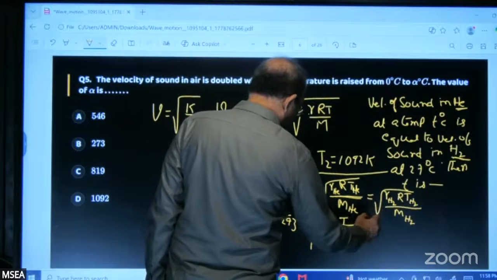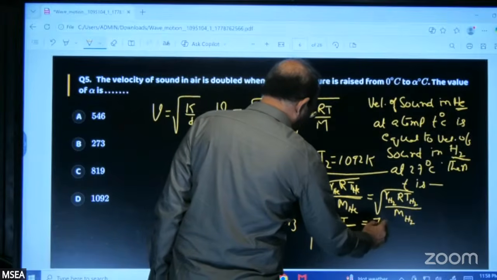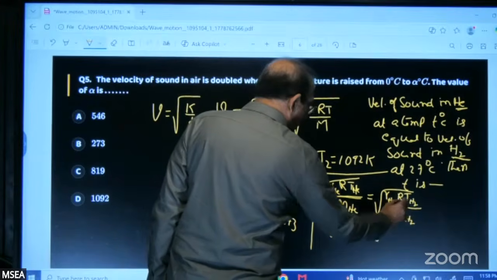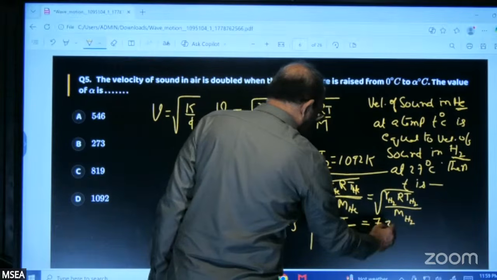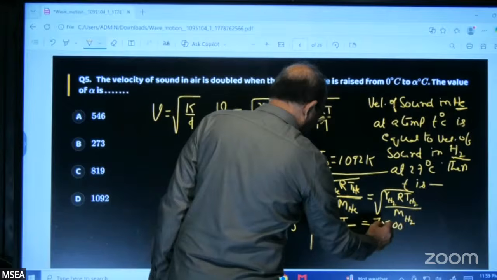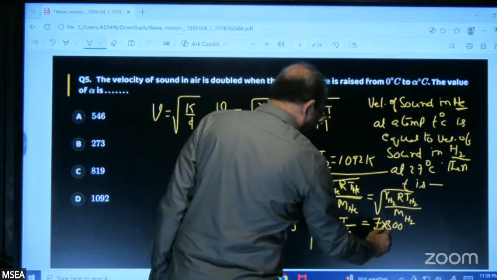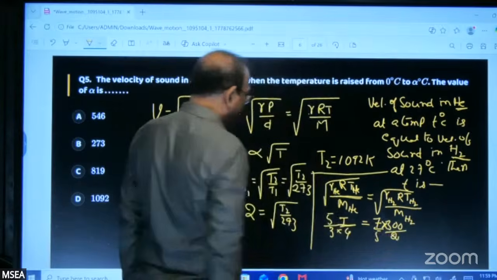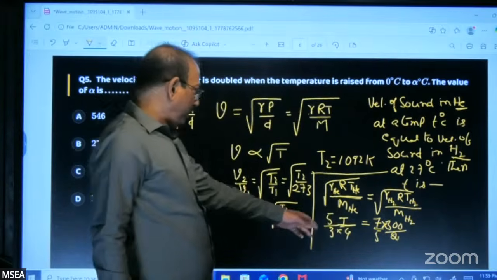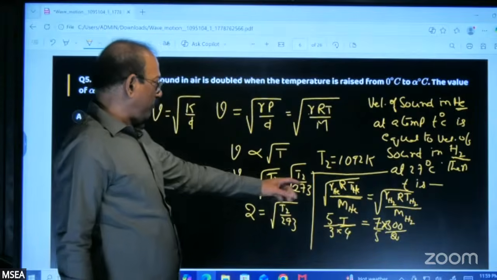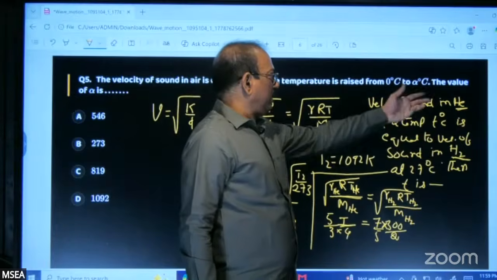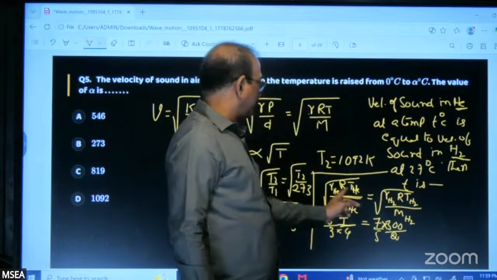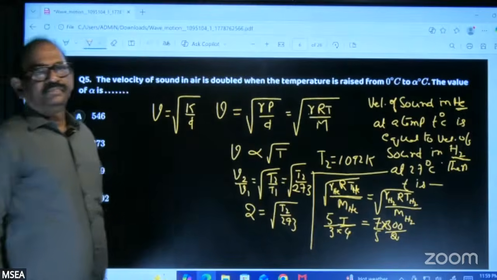Gamma of hydrogen, a diatomic gas, 7 by 5. Temperature of hydrogen, 27 degrees, convert into Kelvin: 273 plus 27 is 300, by molecular weight of hydrogen, 2. Simplify this and find T. Don't forget gamma is different. If both gases are monoatomic or both are diatomic, then gamma cancels on both sides.